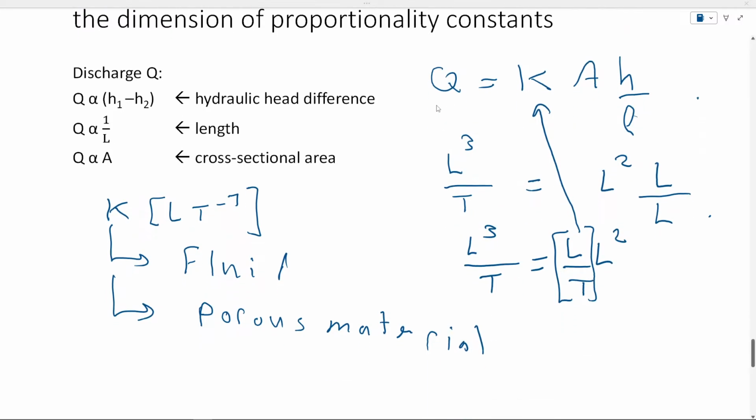What does dimensional homogeneity mean? It means that the dimension of the left hand side should be equal to the dimension of the right hand side.